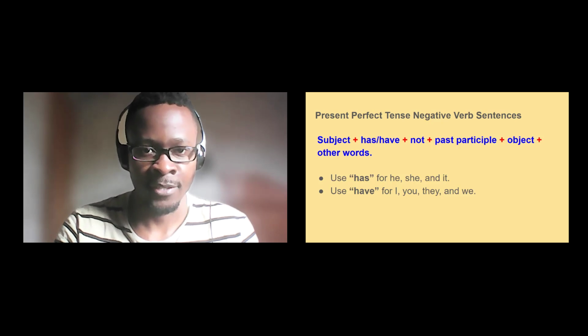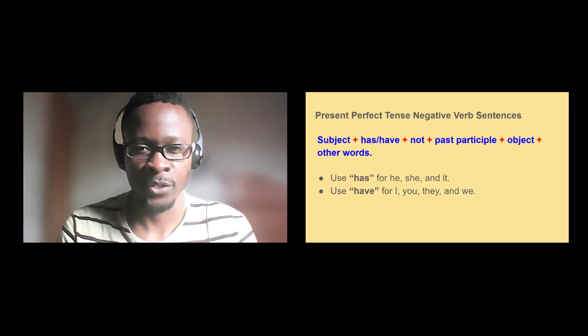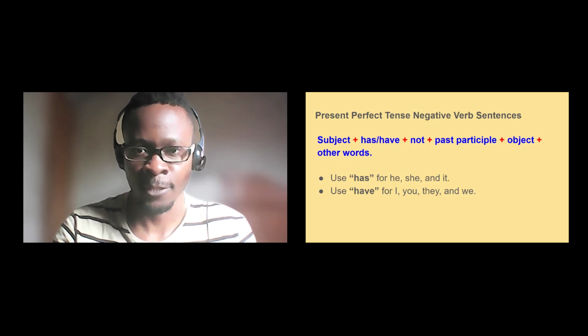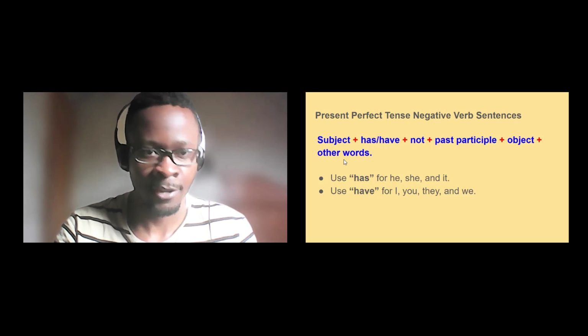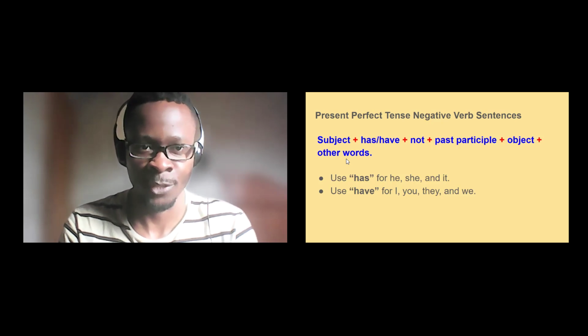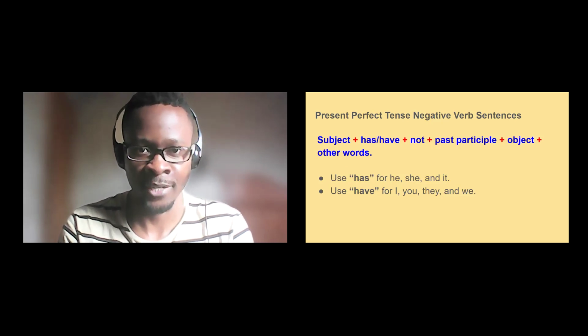After making the sentence negative, you then put the past participle, which is the third form, the V3, okay, the past participle. After the past participle, you then put the object. And lastly, after the object, you need other words. So this is the structure that is associated with the present perfect tense negative verb sentences.